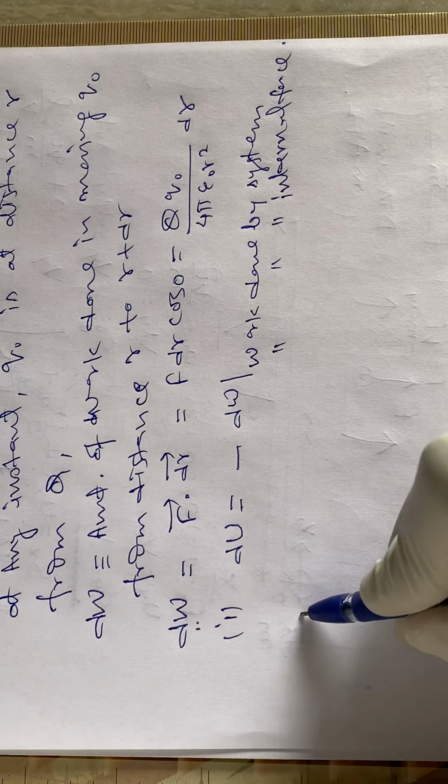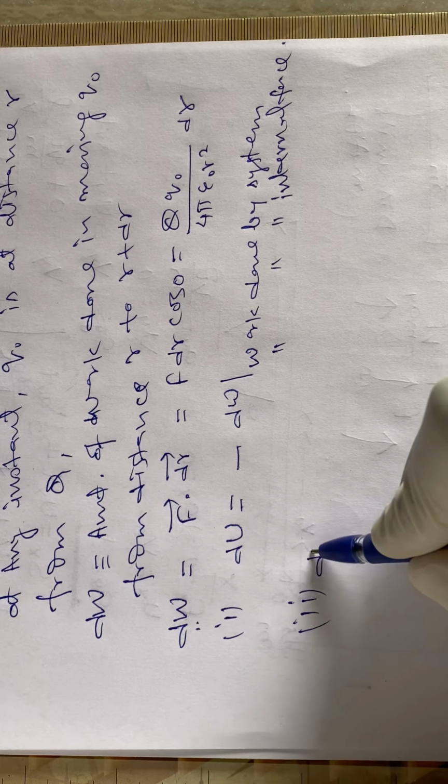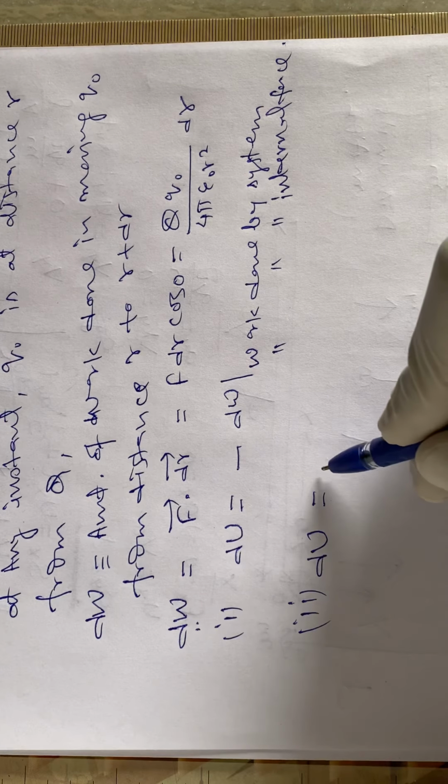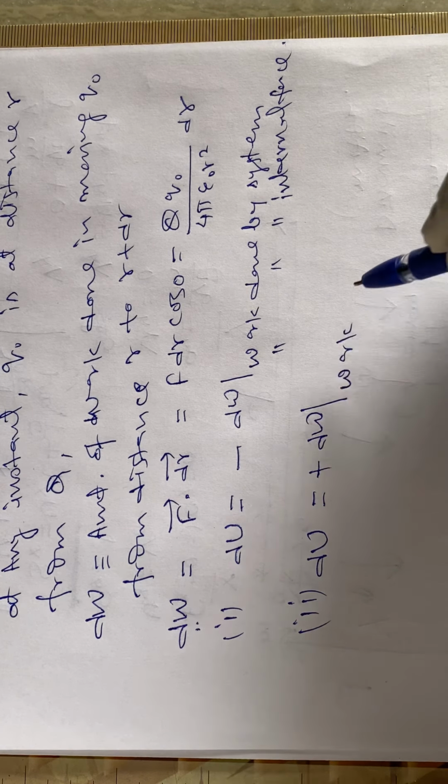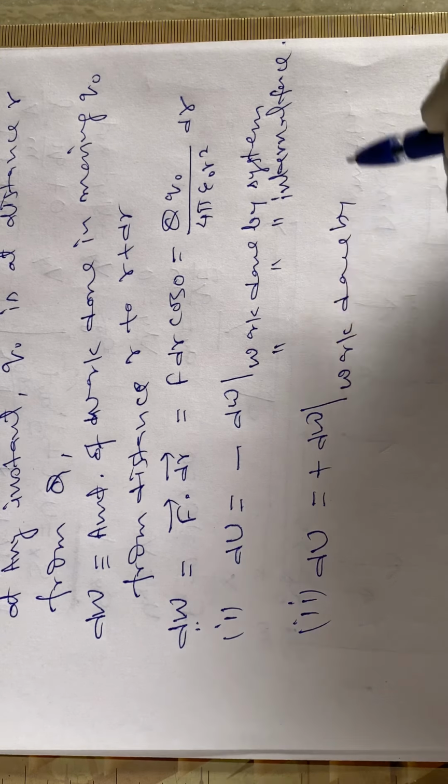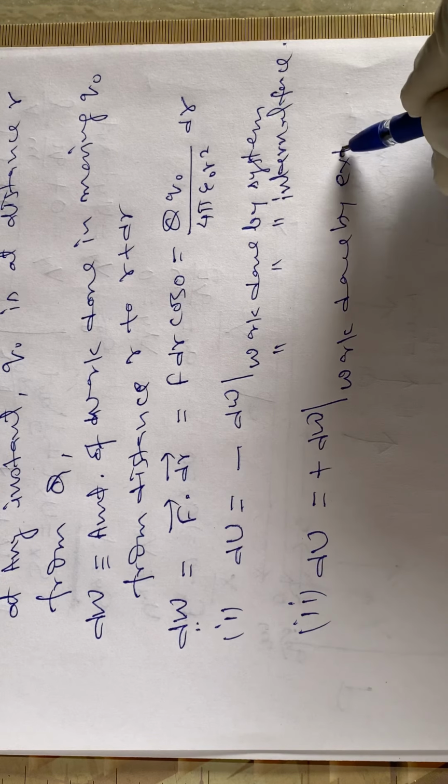And sometimes we also take dU, the change in potential energy, as equal to the work done, where it is the work done by some external force or external agent.